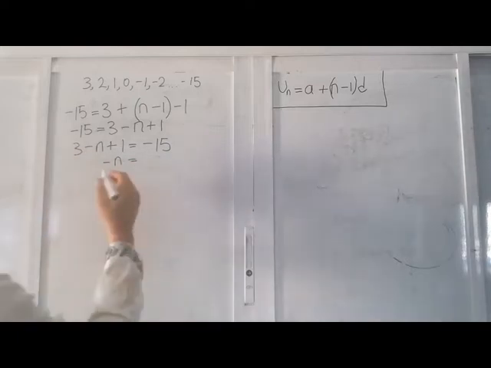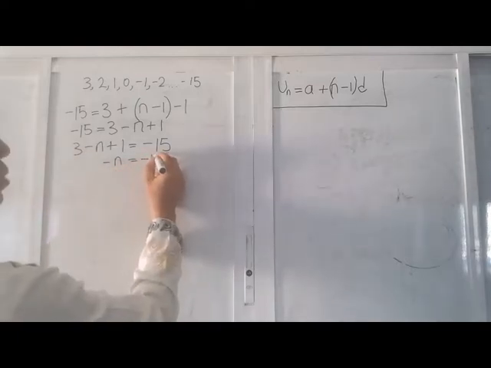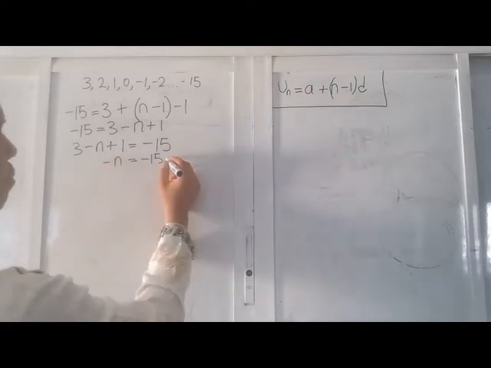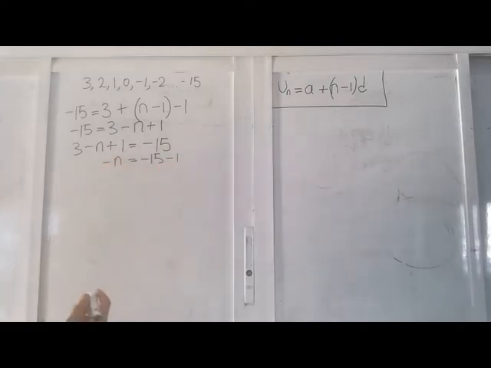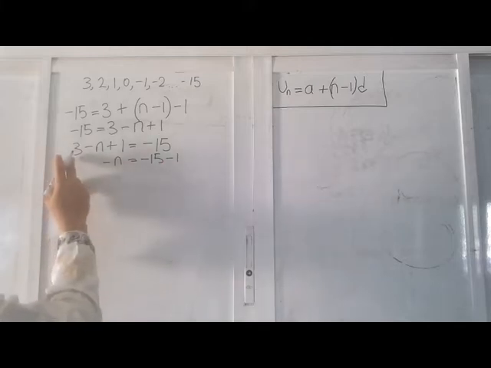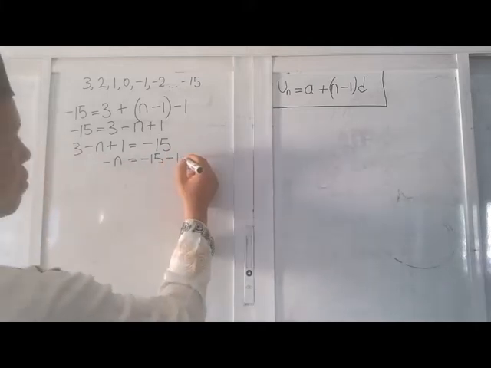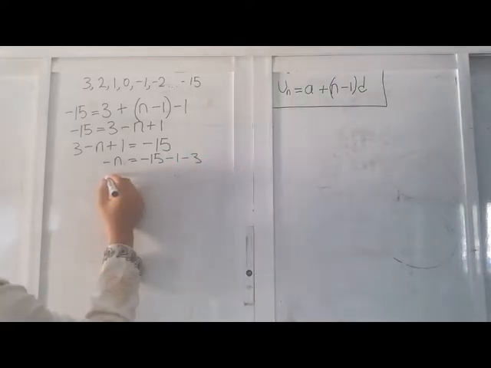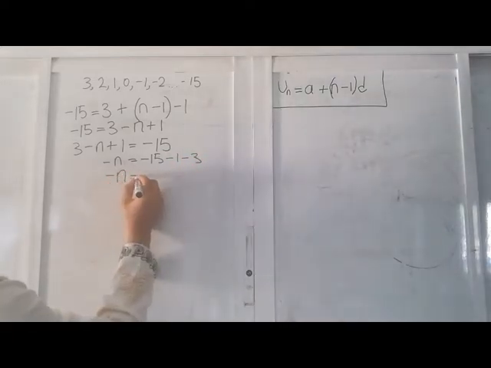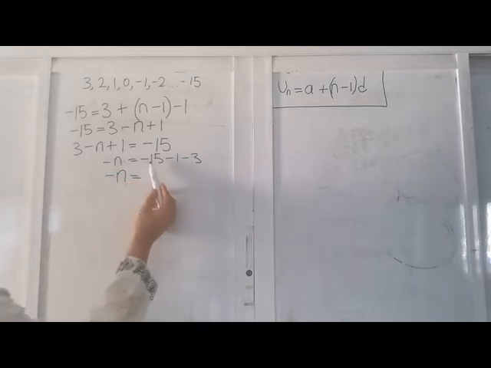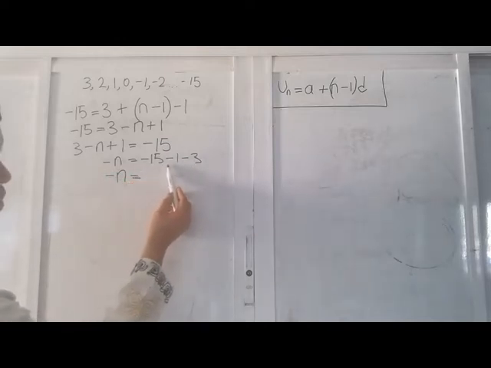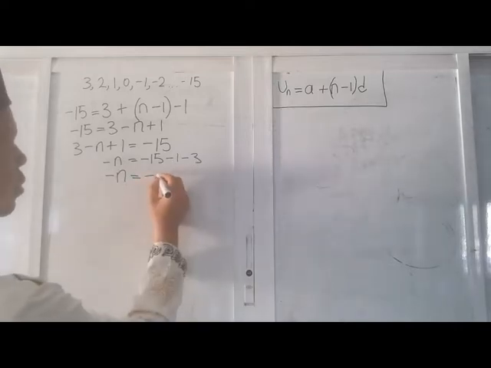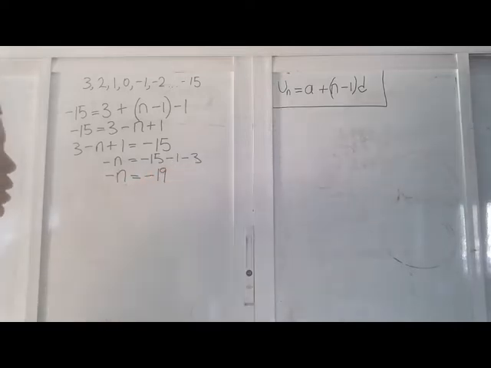Minus n will now give me minus 15 plus 1 will cross over to become minus 1, plus 3 will cross over to become minus 3. Now, our minus n will give us minus 15 minus 1, which gives us minus 16. Minus 16 minus 3 will give us minus 19. So minus n is equal to minus 19.